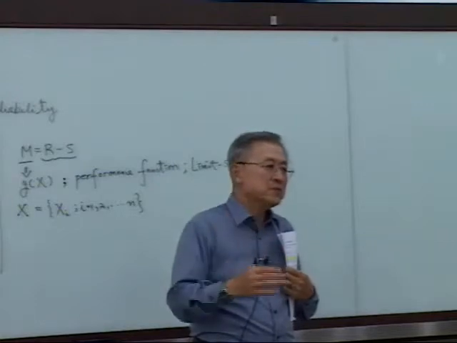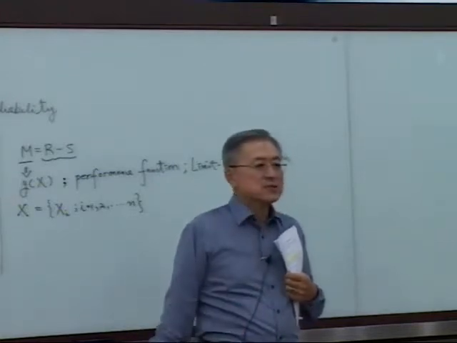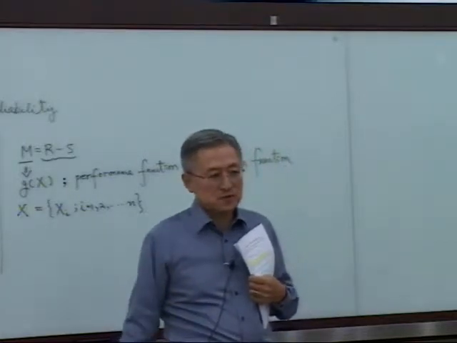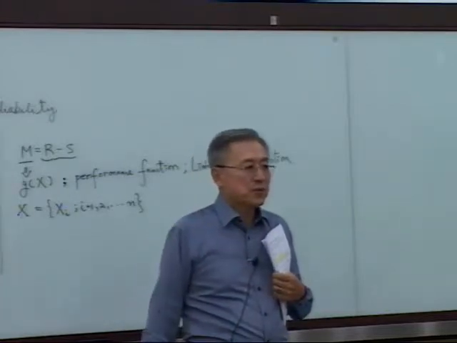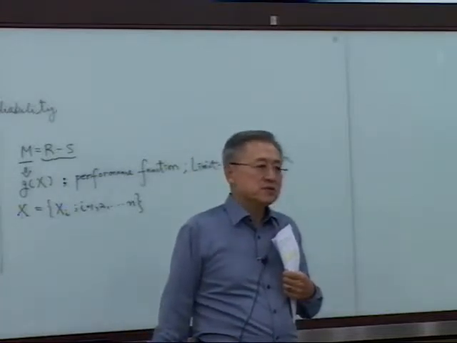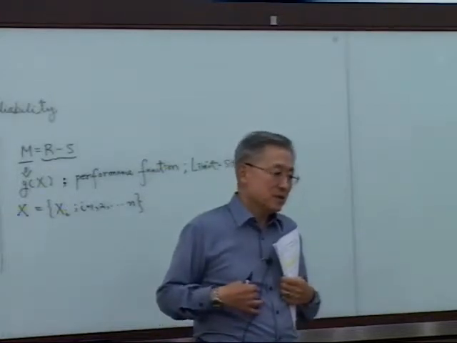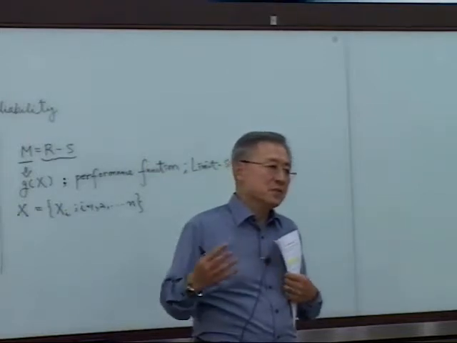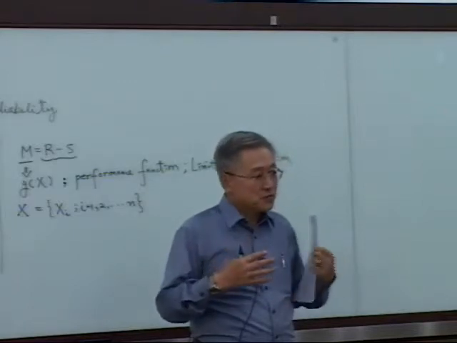But even if you approximate, as a first approximation, as mutually exclusive for each random variable, still the result is pretty good. That's what I'm telling you. So here, the first order reliability method is what I'm really introducing.